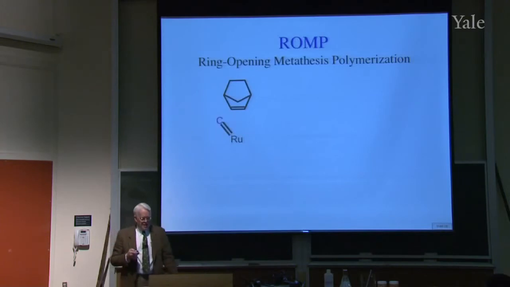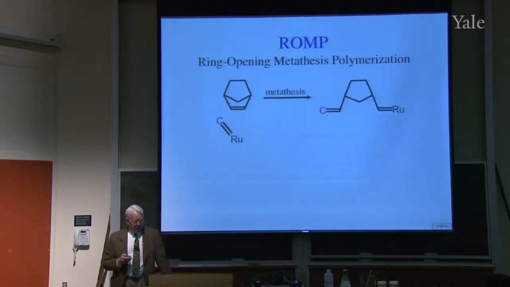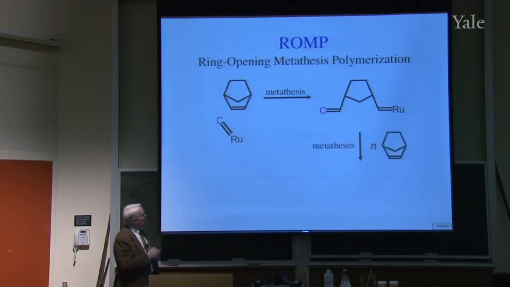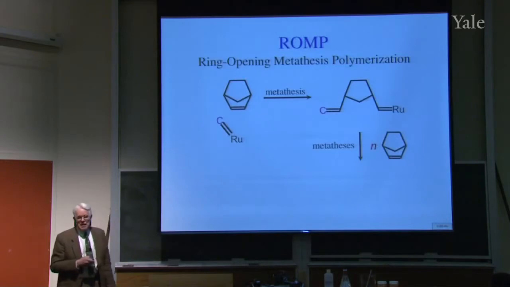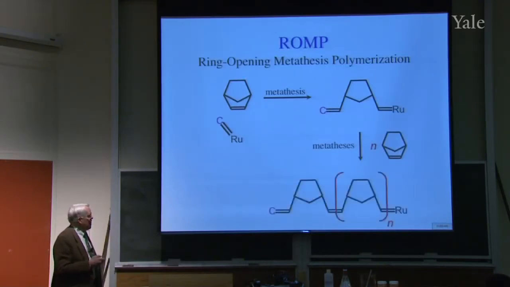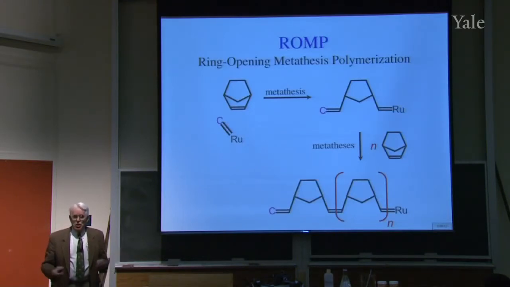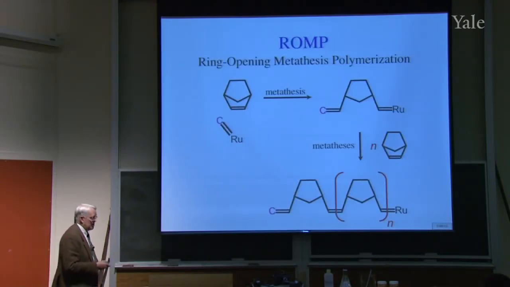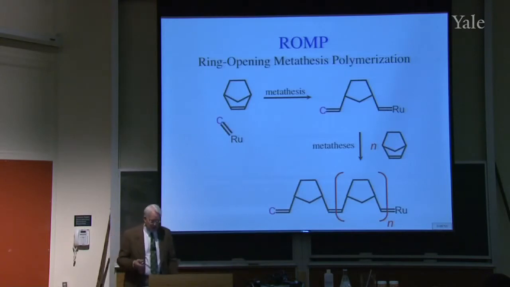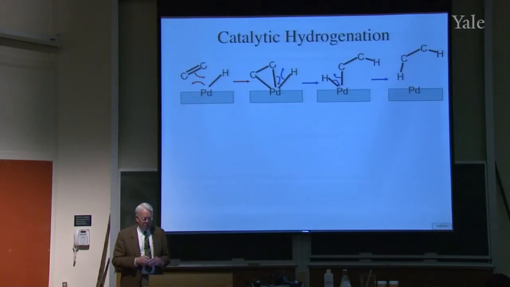So if you bring in this alkylidene compound and do the trick of metathesis, you get that. And now the product is still an alkylidene ruthenium here. So you can do that with another one of these molecules. In fact, you can do it with N of the molecules, and they'll all link together in a chain like this to give a polymer, right? So this ring opening metathesis was a very important part of this Nobel Prize work to generate a polymer.